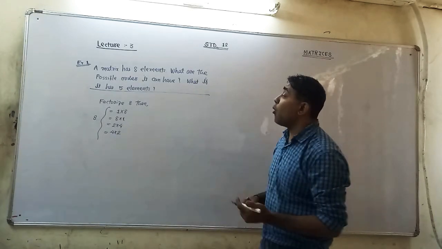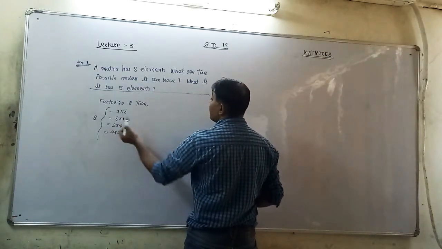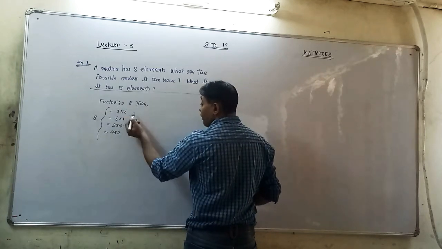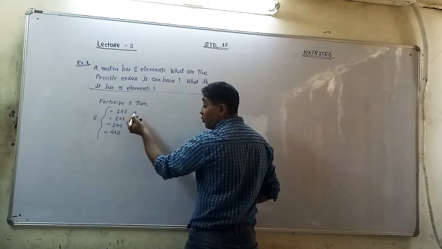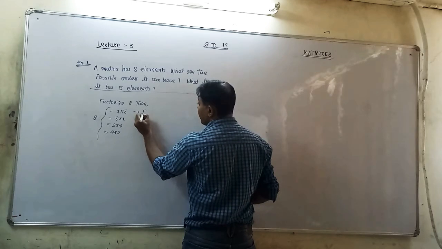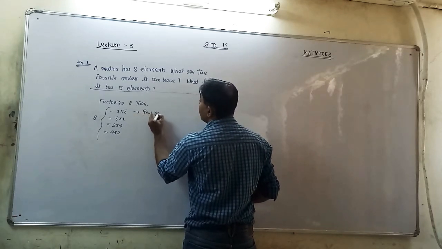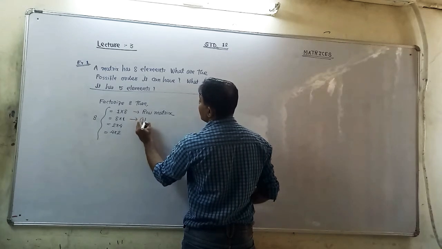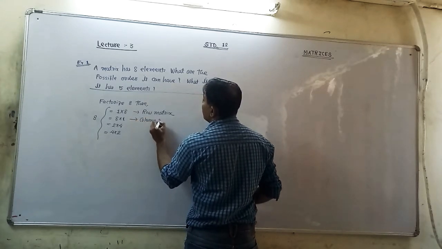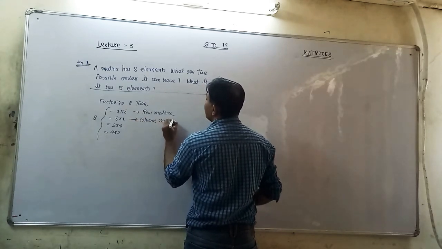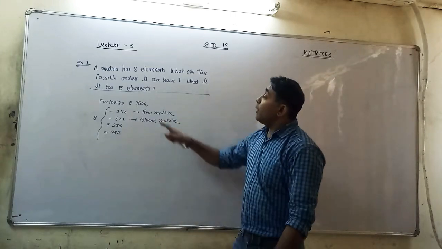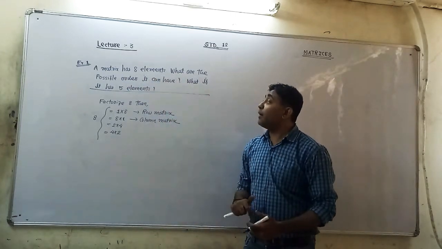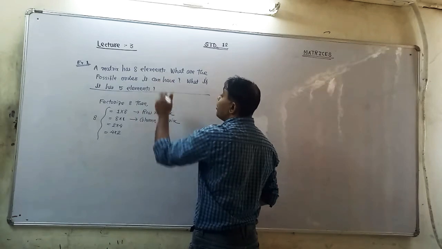So that means the order of the matrix is 1 cross 8. Now you know that 1 cross 8 means 1 row and 8 columns. This is a row matrix. See, it's very easy. This is a column matrix. Row matrix and column matrix can be arranged easily. So if a matrix has 8 elements, then what are the possible orders it can have?